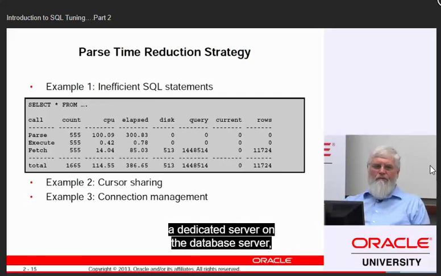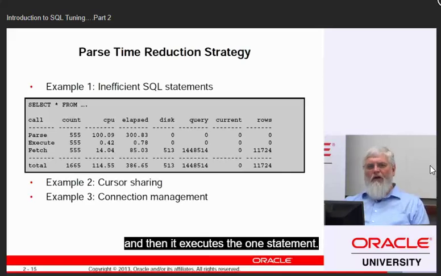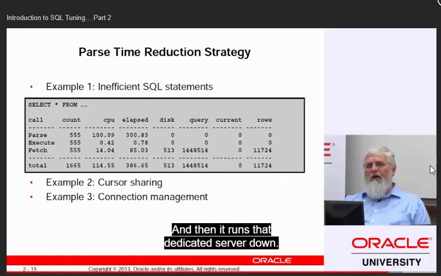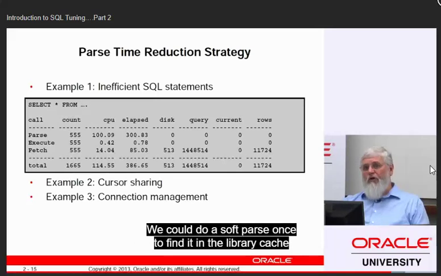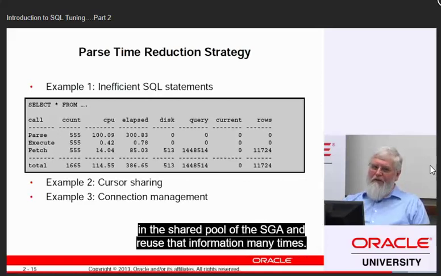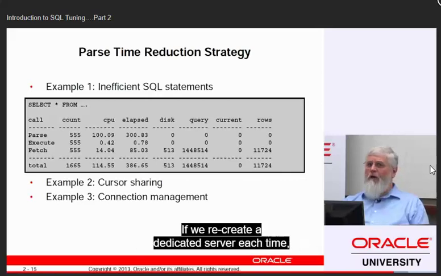If we could reuse the dedicated server many times, we could actually keep the open cursors where they are. We could do a soft parse once to find it in the library cache in the shared pool of the SGA, and reuse that information many times. If we recreate a dedicated server each time, then we don't have the ability to do it. We have to do a soft parse even though it's a shareable statement.